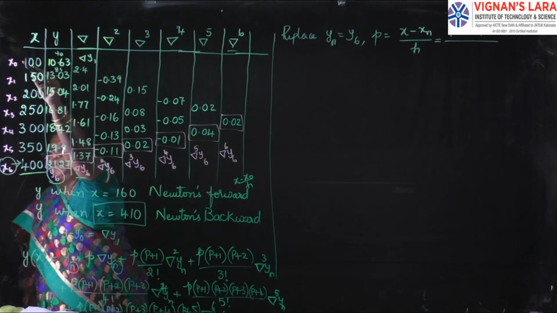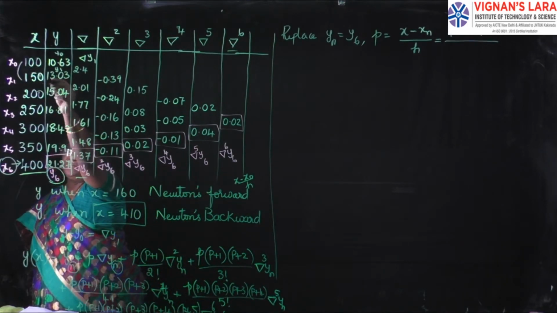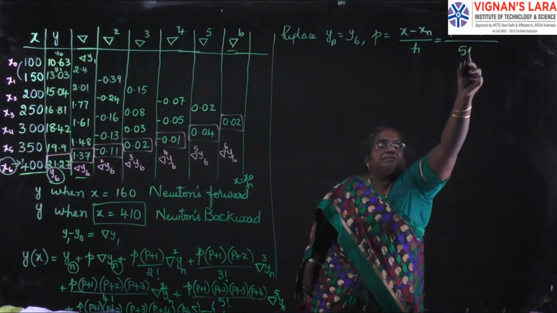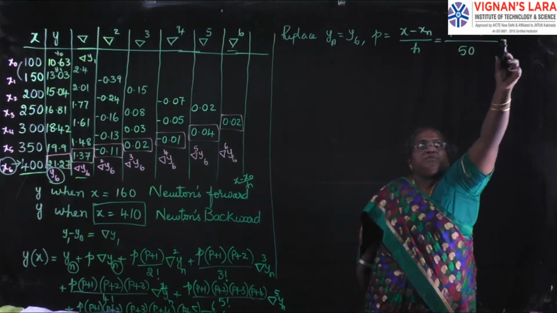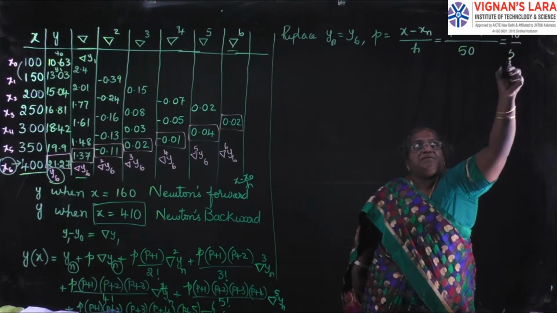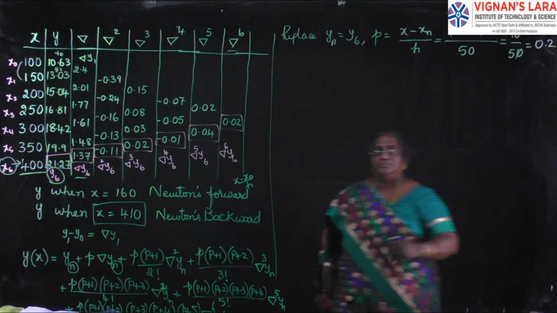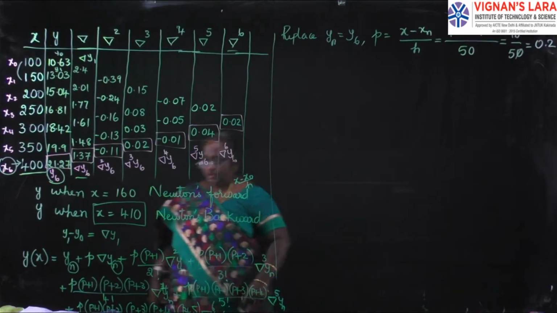It is equally spaced and the interval difference is 50. So this is equal to 10 by 50, which means 1 by 5, that is 0.2. So p value is 0.2.